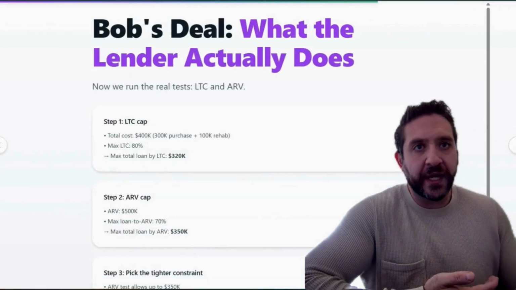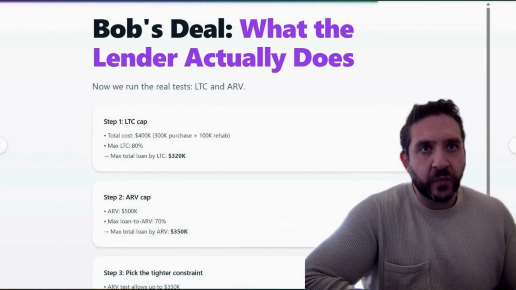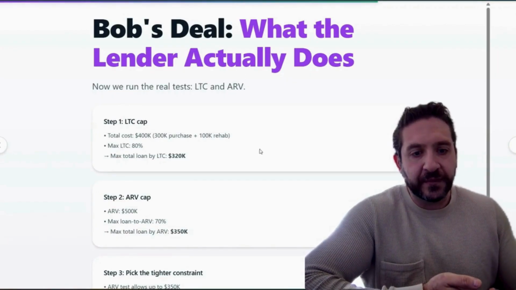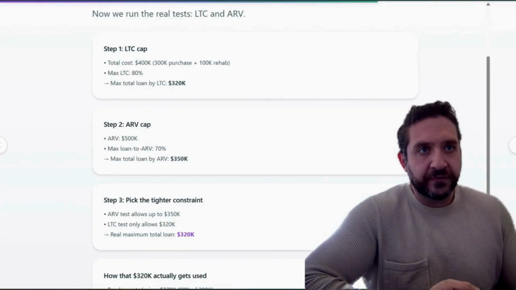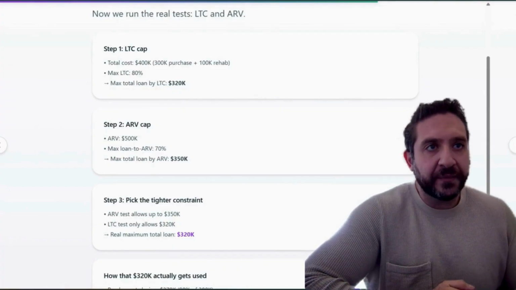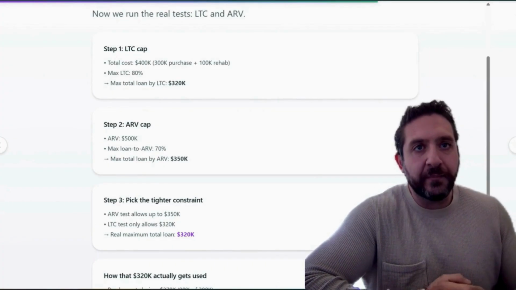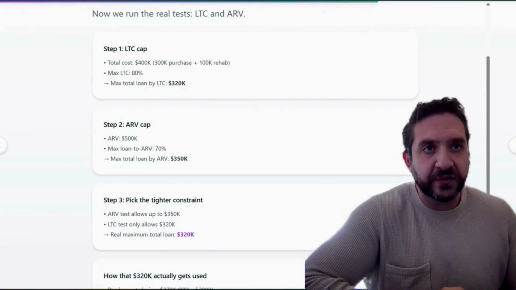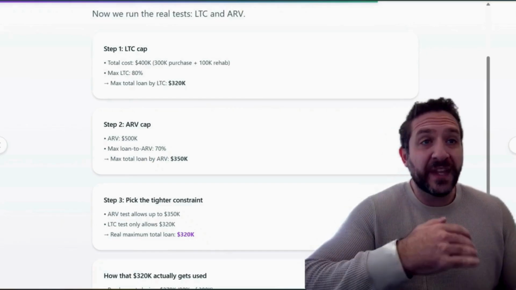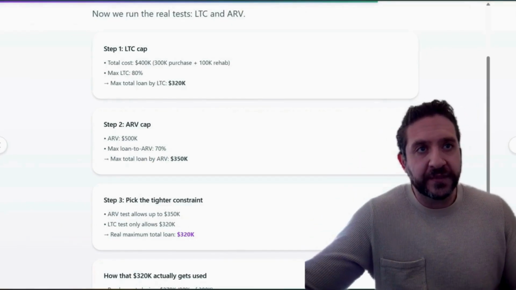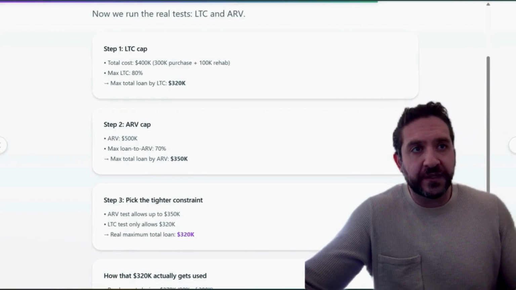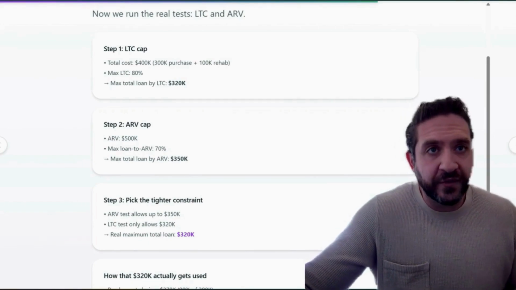And here's what really happens on Bob's deal. We start with the LTC. The total cost is 400. LTC cap is 80%, so the maximum total loan by this rule is 320,000. That's the first hard ceiling. Then we check ARV. 70% of a 500,000 ARV is 350,000.